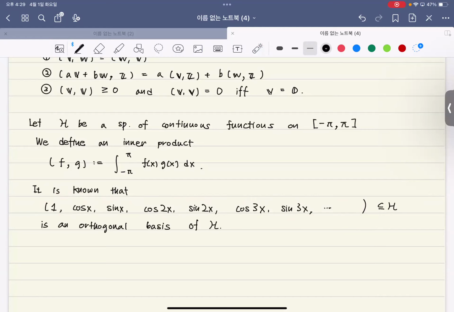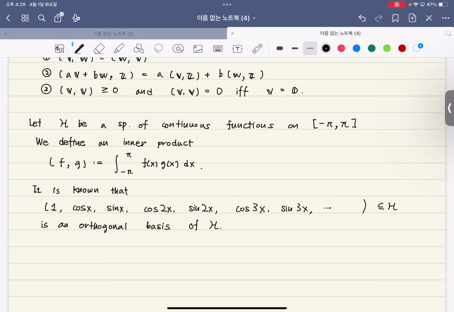Let us focus on this integrand here. This second integral automatically goes to 0, right? Because what is the period of this? 2 pi over (m plus n). Therefore, if you integrate from minus pi to plus pi, this is going to be 0.